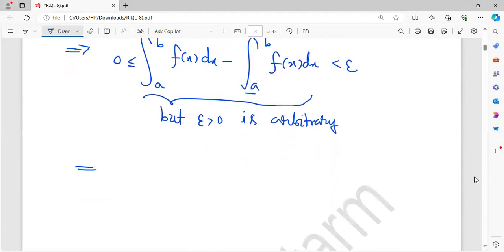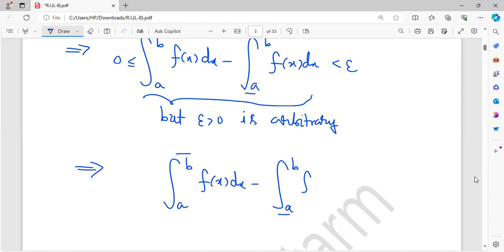So this implies, because epsilon greater than 0 is arbitrary, you can make it as small as you like, this quantity is 0.